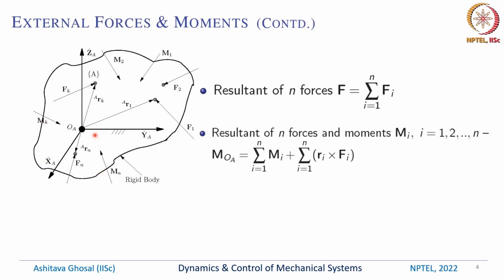Now the resultant moment about OA for all these forces and moments is the sum of all the moments, i equals 1 through n of Mi, plus the sum of the moments of these forces, Ri cross Fi. The resultant force is the sum of all the forces, as before, but the resultant moment about this origin point OA is the sum of all the moments plus the sum of the moments of each of these individual forces.